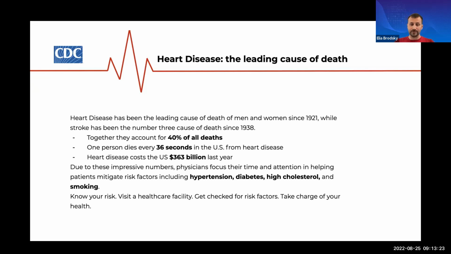Now, to understand how we can address this pressing and significant burden, we need to try to understand what kinds of factors lead to heart disease, or what are typically the lifestyle behaviors or predispositions, such as diabetes, that actually lead to heart disease.